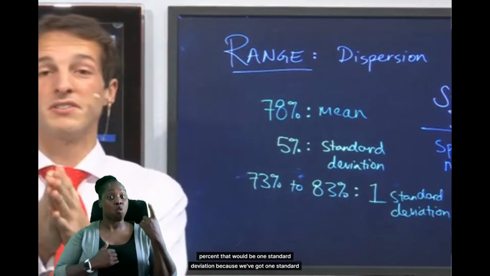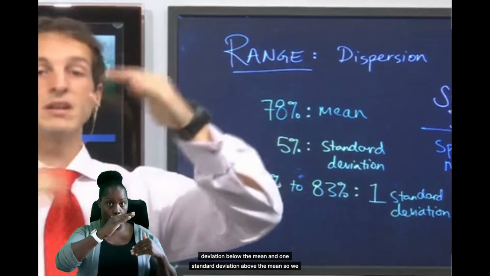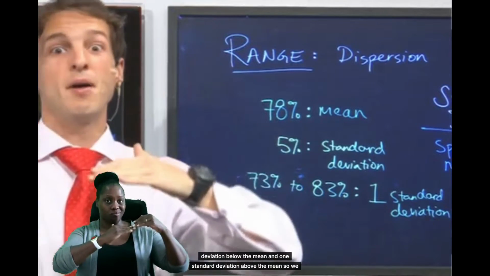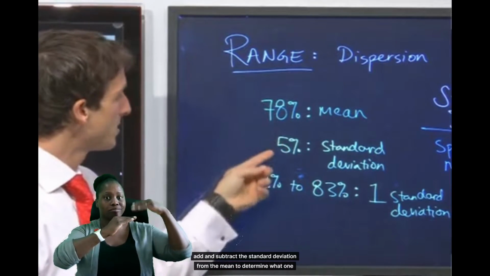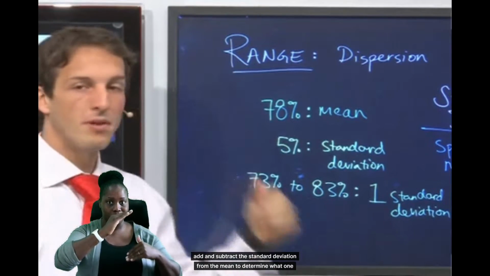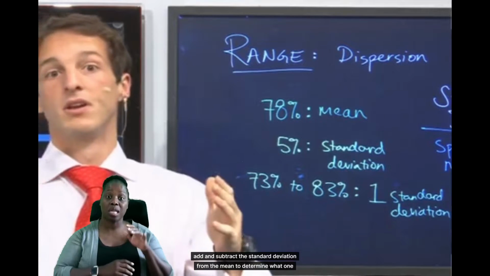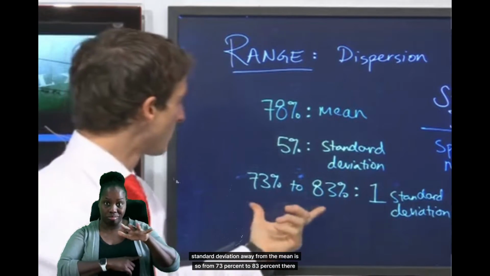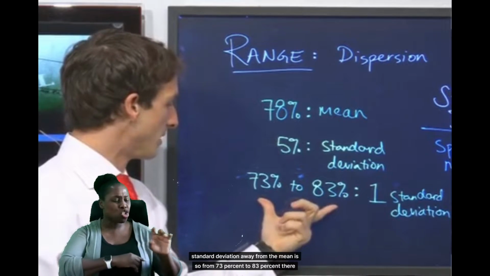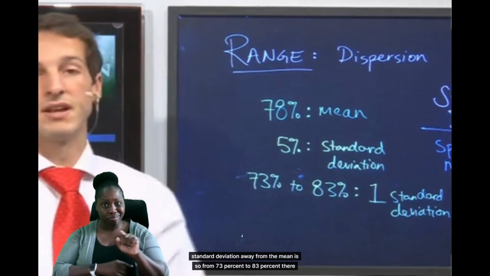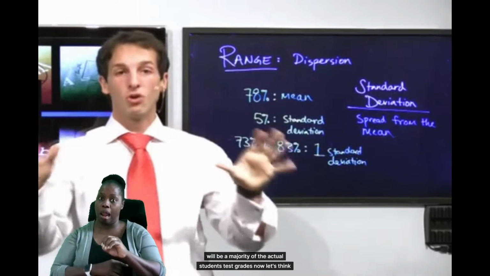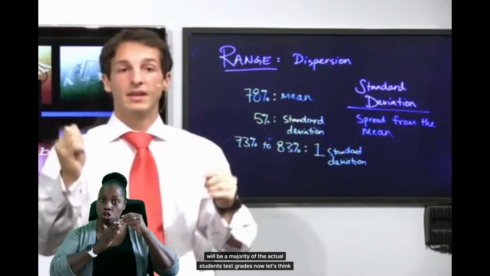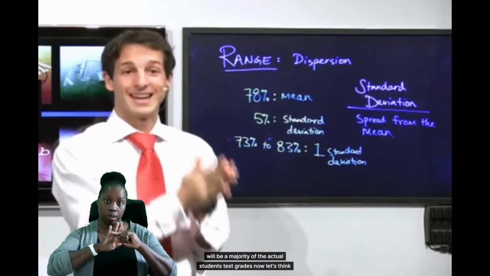Because we've got one standard deviation below the mean and one standard deviation above the mean. So we add and subtract the standard deviation from the mean to determine what one standard deviation away from the mean is. So from 73% to 83%, there will be a majority of the actual students' test grades.